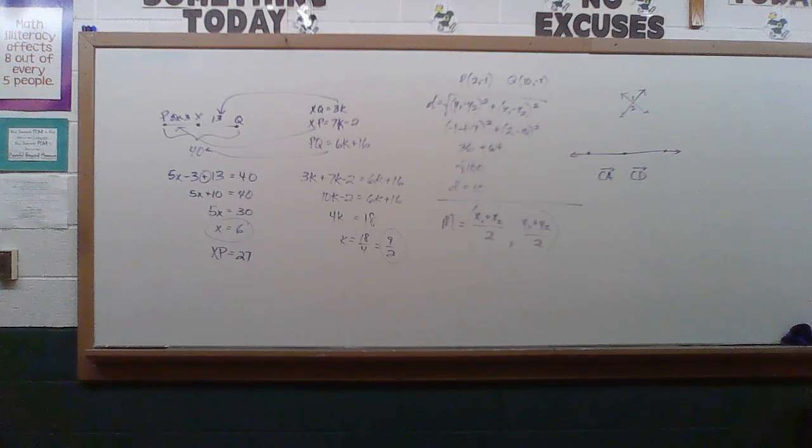Number 30. If the measure of angle SXW is 5x minus 16, find the value of x so that SX is perpendicular to WY. What's that little symbol mean? And what does it mean if things are perpendicular to each other? They cross and make what? 90 degrees. Okay?